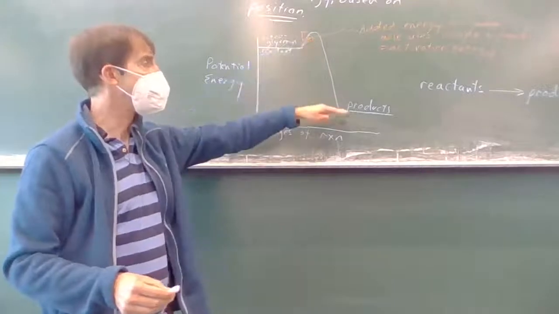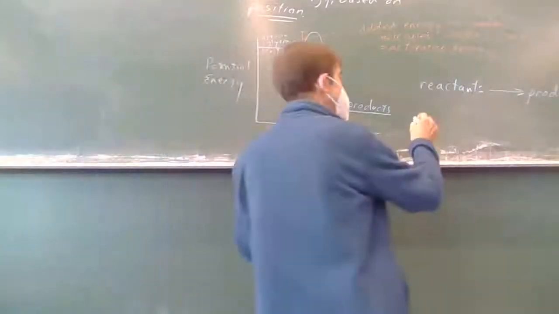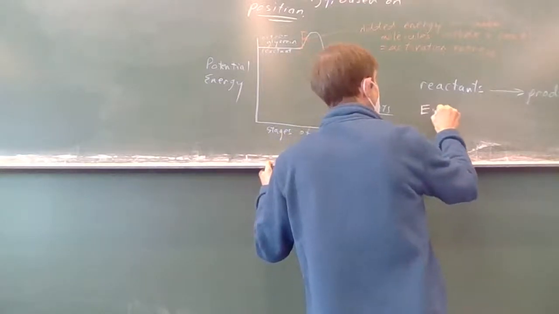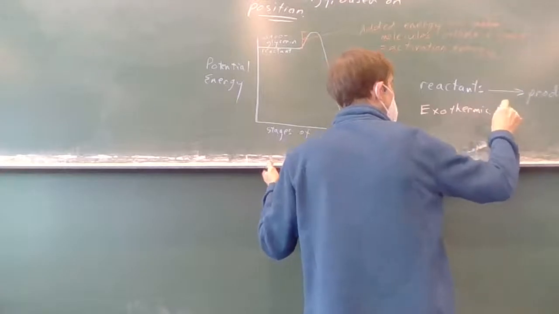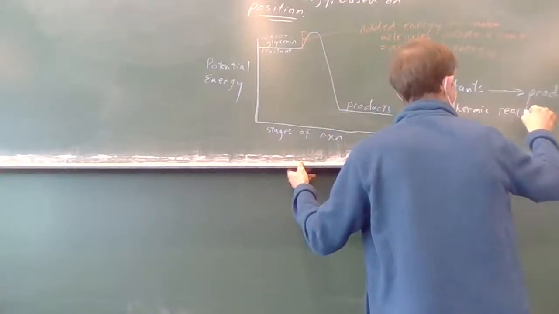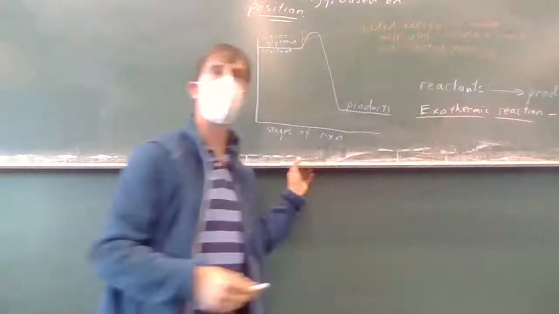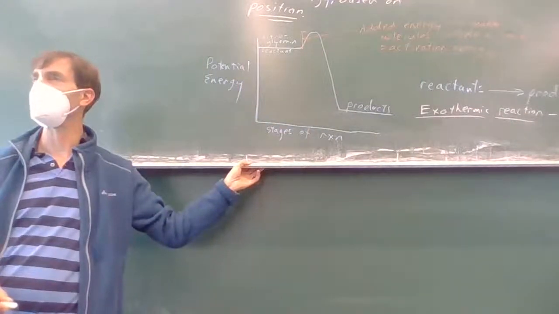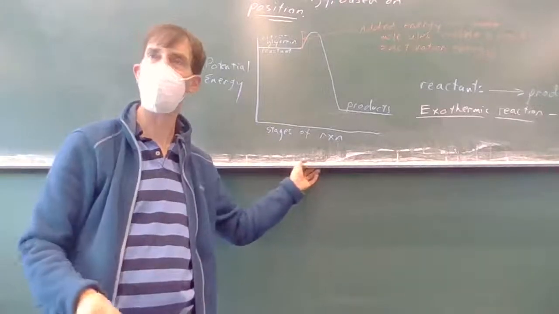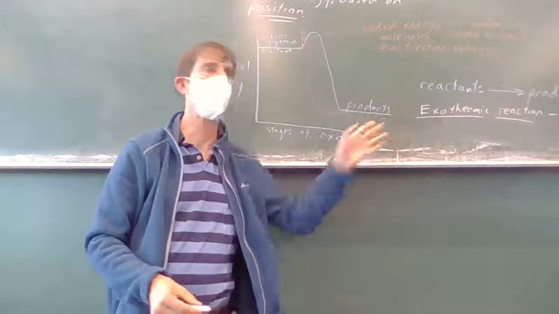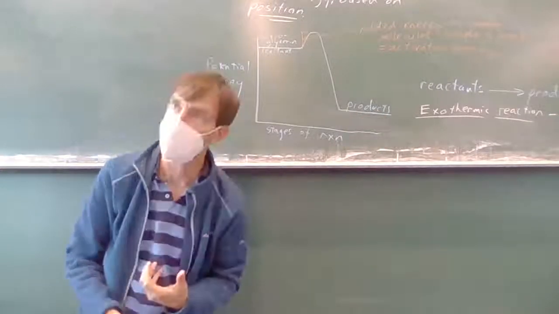If my products are way down like this, we call this an exothermic reaction. Did I teach you that term this year? Does it ring a bell? Yes, yes, no, no? No, okay, all right. It's not hard as it turns out. Exothermic reactions are reactions that when they occur, give off a lot of energy.